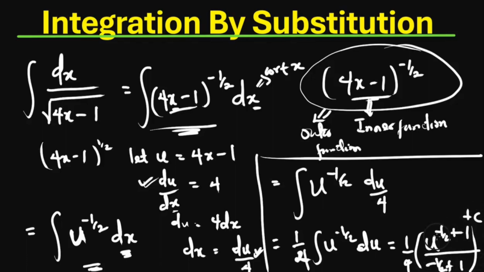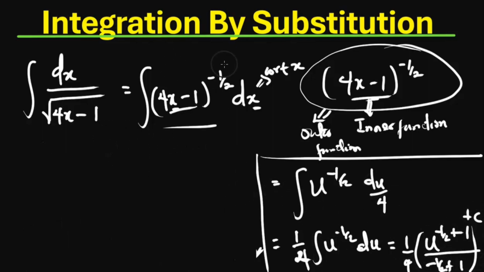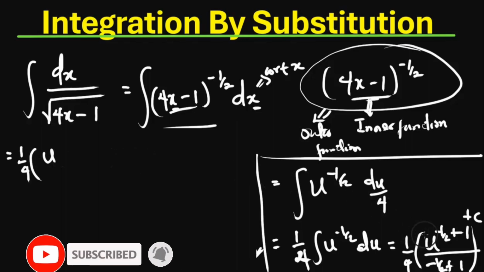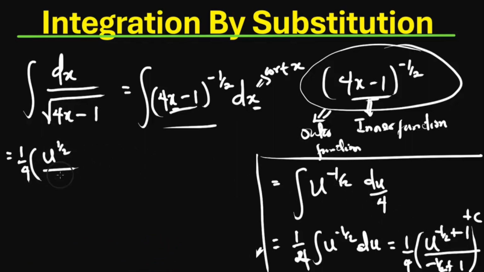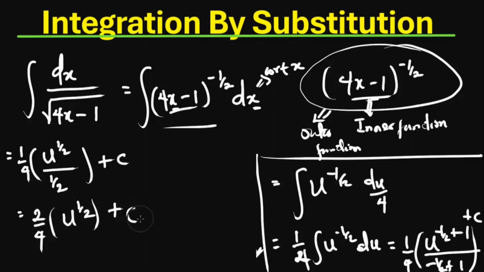This becomes 1 over 4 into u raised to power 1 over 2, divided by 1 over 2, plus c. When you simplify this, you should have 2 over 4 u to the power 1 over 2 plus c.